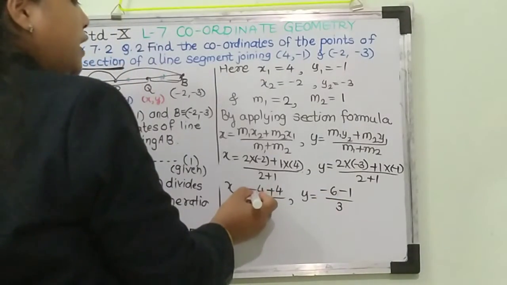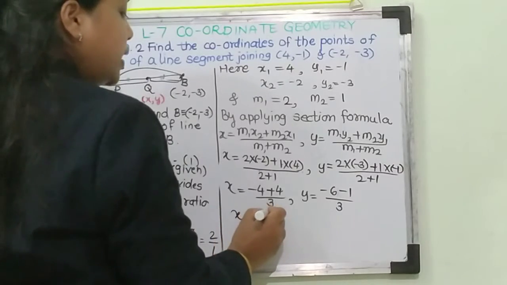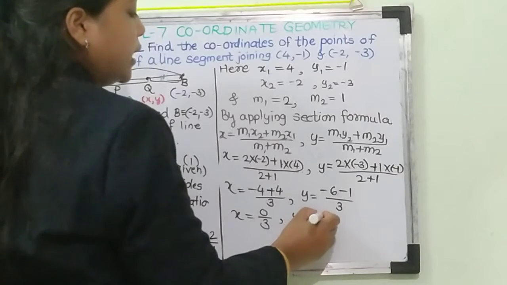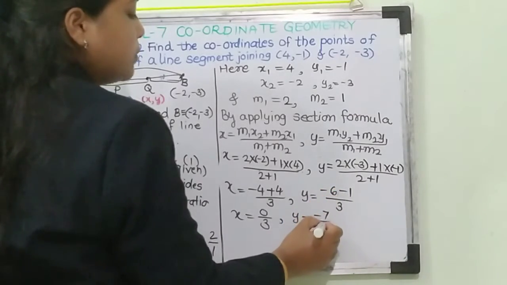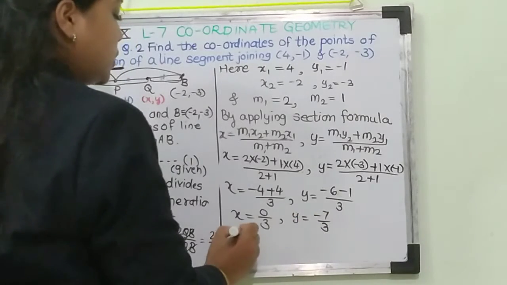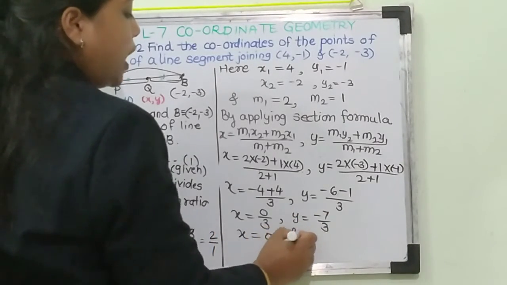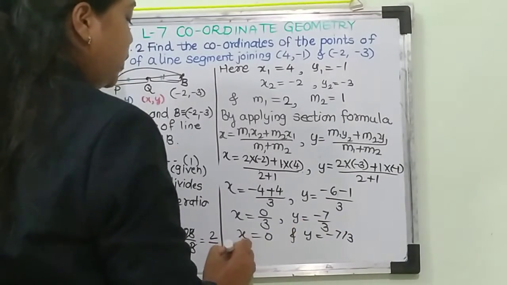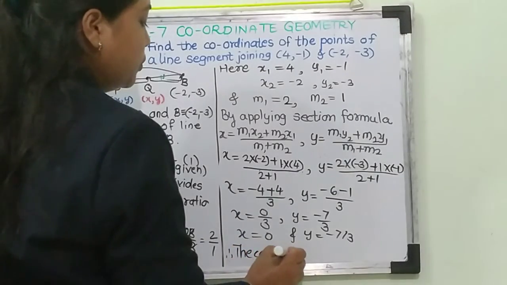Now here minus 4 plus 4 will get cancelled and we get 0 upon 3, and y equals to minus 6 minus 1, that is minus 7 upon 3. So here we get x equals to 0 and y equals to minus 7 upon 3. So we get the coordinates of Q.